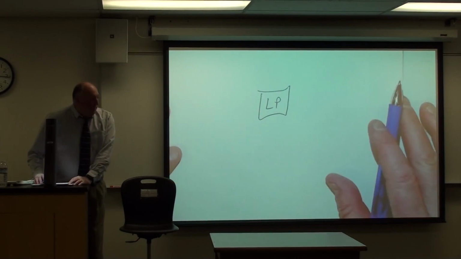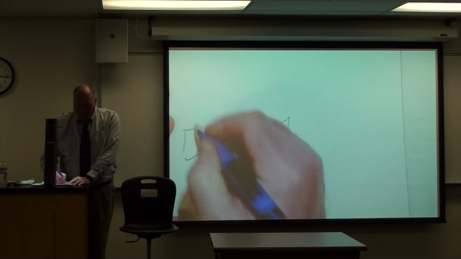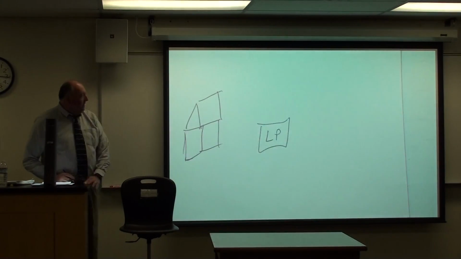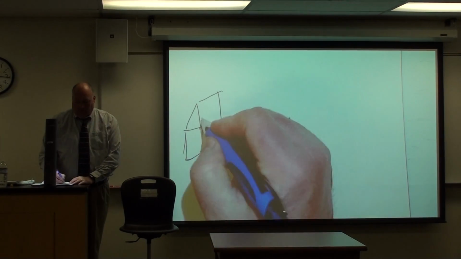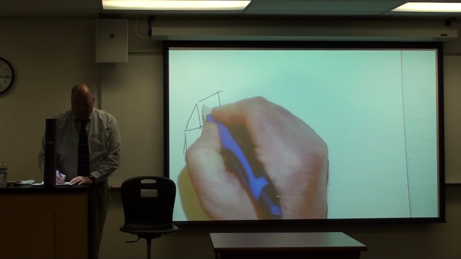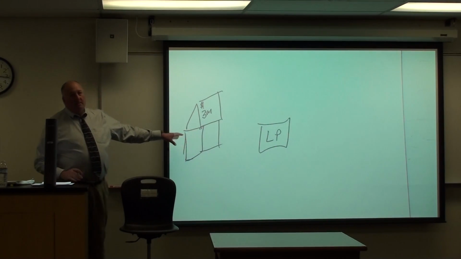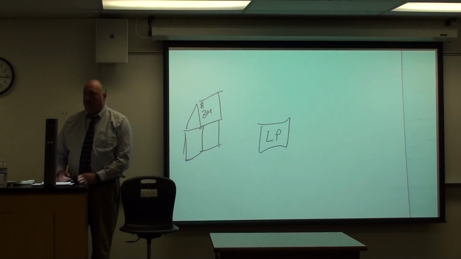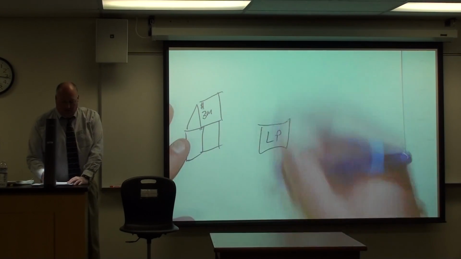So let's say we're going to have a limited partnership. An apartment building, like student housing, right? A $3 million building. The idea is the limited partnership is going to buy this building, rent out the apartments, collect the income, pay the expenses, and whatever's left over is going to be distributed out to the partners.